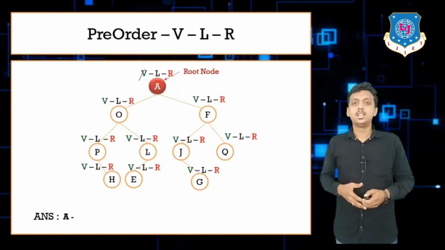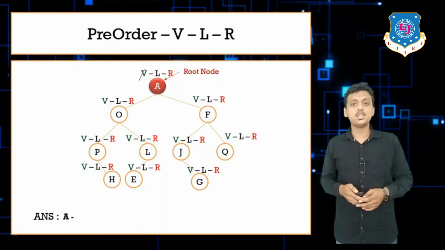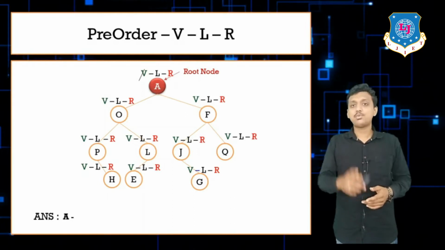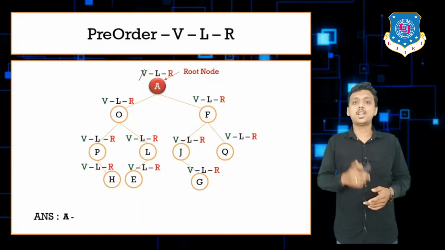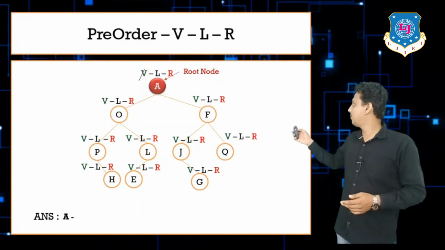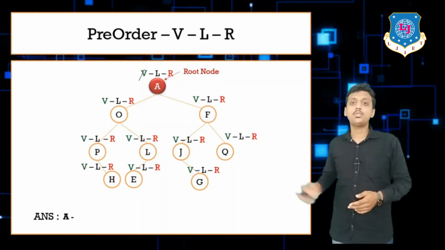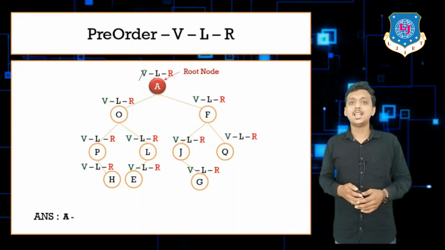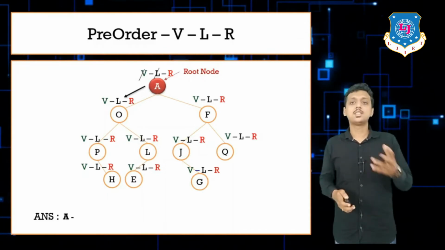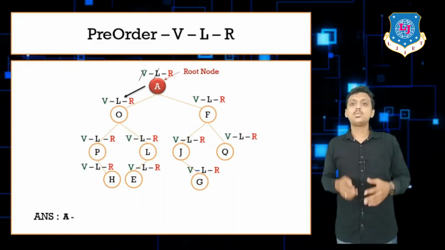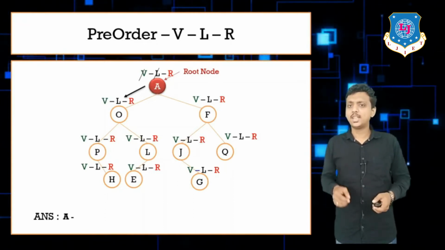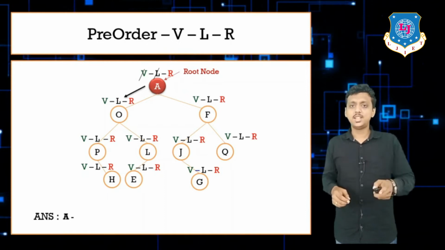Now the next operation on A is L. L stands for going on the left side of A. On the left side of A there is a node O. So cut the L and then move towards O. For O, what is the first operation? It is already written over there: you need to visit first.